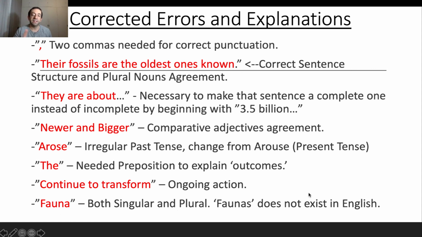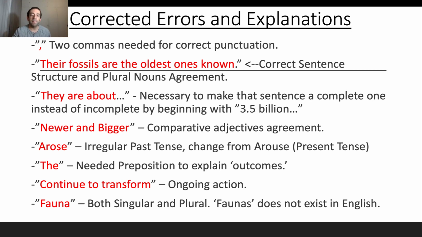"Faunas" does not exist in English. All right, so there are a number of changes, and I explained my eight major changes: correct sentence structure, plural noun agreement, adding on to sentences, comparative adjectives, irregular past tense, adding a preposition, explaining an ongoing action, and then seeing the difference that sometimes does not exist with singular and plural words in English.